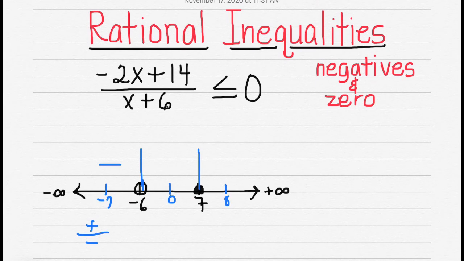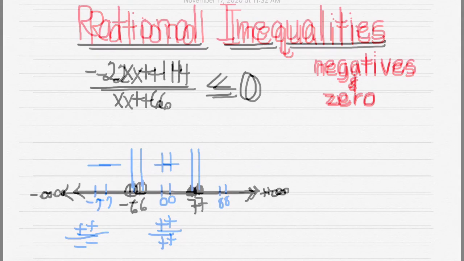In the middle section, I chose 0. If I plug 0 in for x in the numerator, I am going to get 0 plus 14, which gives me a positive numerator. 0 plus 6 gives me a positive denominator. So if I divide a positive by a positive, I will get a positive number.